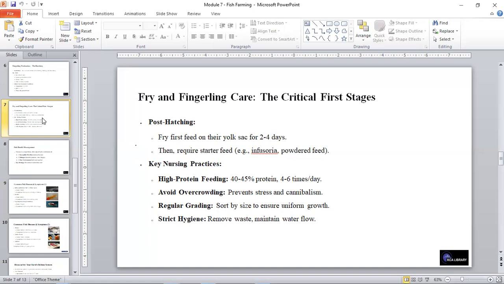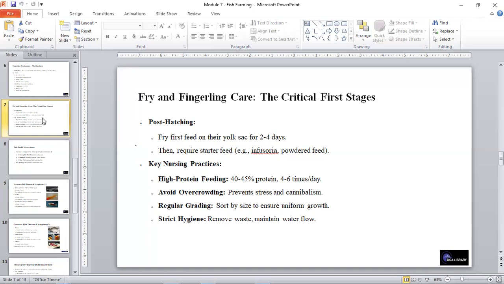Also, there is need to avoid overcrowding. This will prevent stress, and it will also prevent cannibalism, that is fish eating one another. Also, there is need for regular grading. You sort by size to ensure uniform growth. You can remove bigger fish to allow the smaller ones to also grow uniformly.